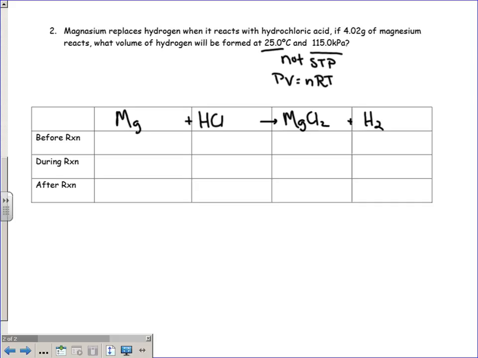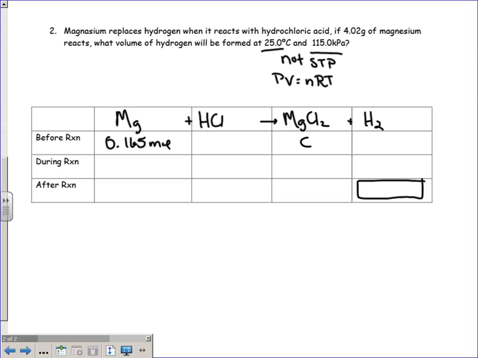Okay, but first we have to get moles. Always get moles. 4.02 grams of magnesium. Molar mass of magnesium is 24.31. That gives us 0.165 moles of magnesium. And we are solving for what volume down here, and then plug that into our ideal gas law.